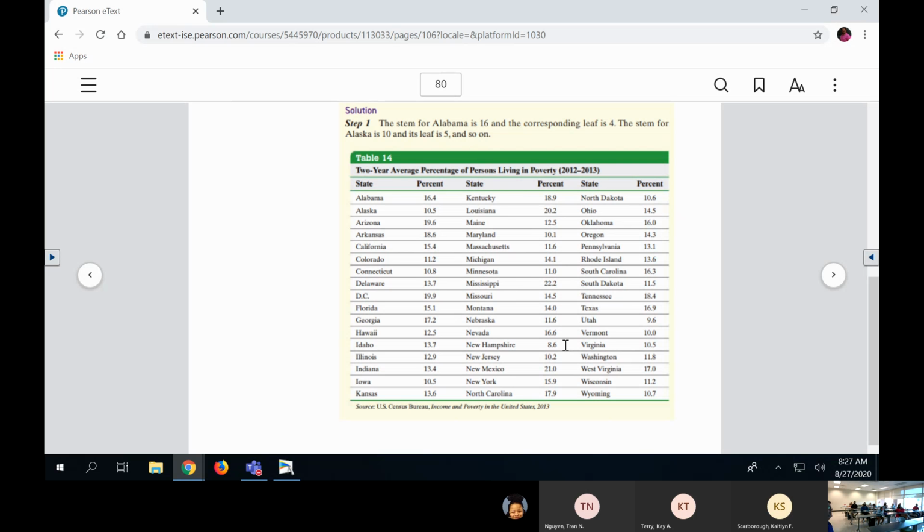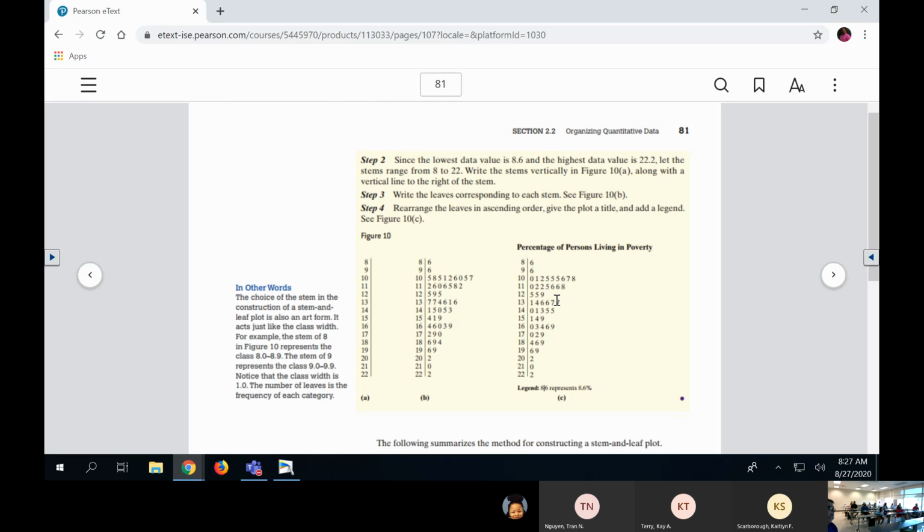22.2 maybe? Somebody see anything above 22.2? I think that's it. Mississippi. Okay. So you take your highest value and your lowest value and everything else falls in between. And a stem and leaf looks like that.